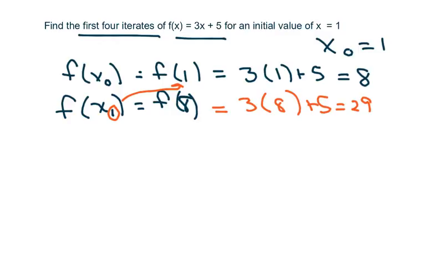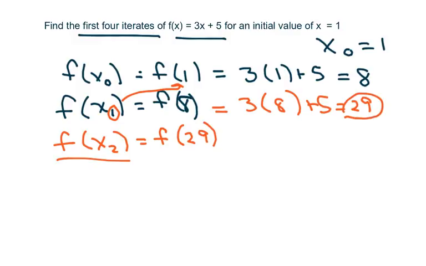Okay, f of x of 2 equals f of 29, because that's the previous value. And that's going to be 3 times 29 plus 5 equals 92.